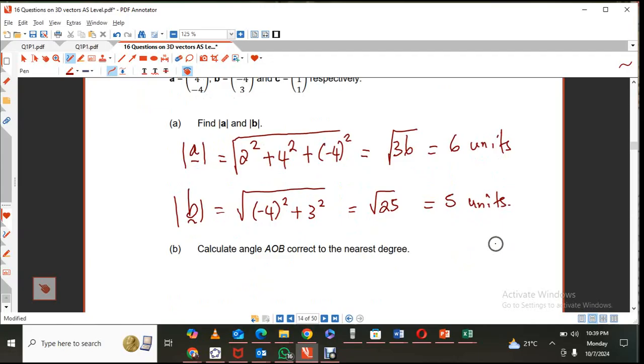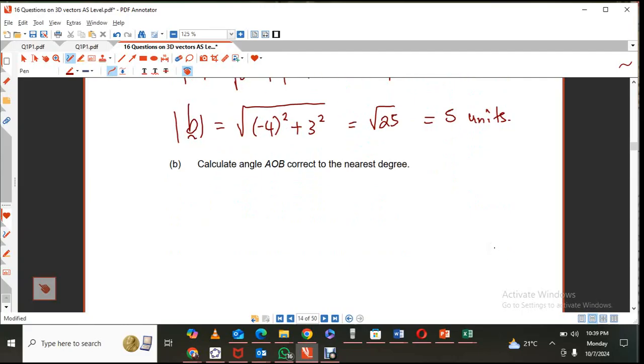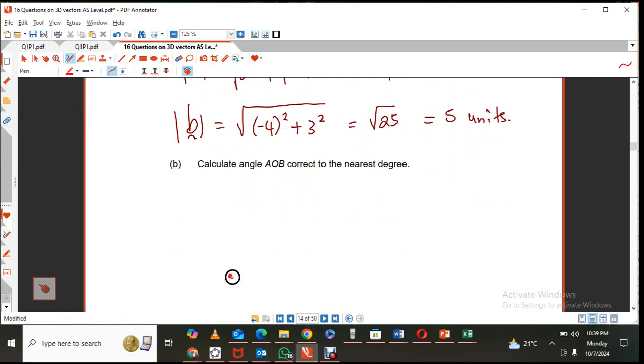Calculate angle AOB. Now, in order for you to calculate the angle between them, if I was to show you in the form of a diagram, just suppose this is our origin, and we take 3 points: this could be my point A, B over there, and C over there.